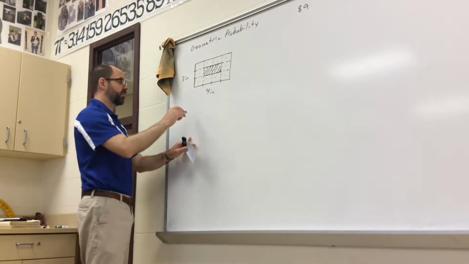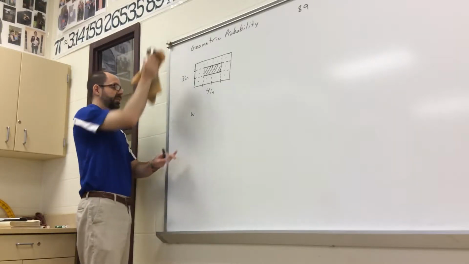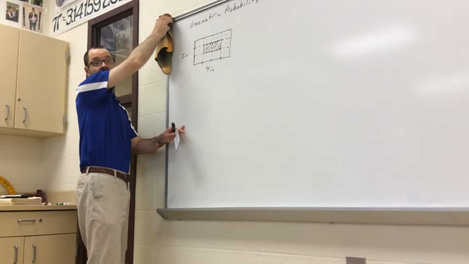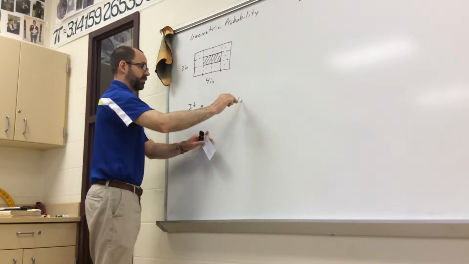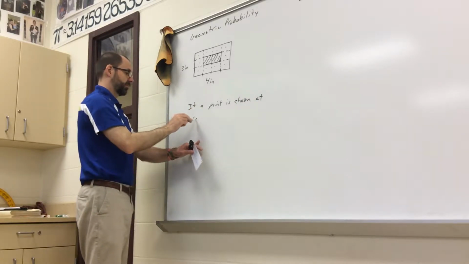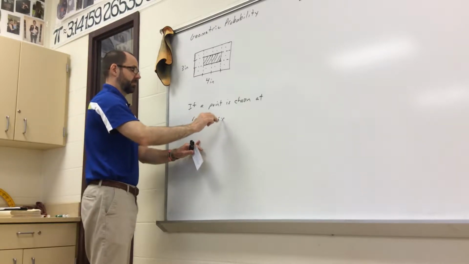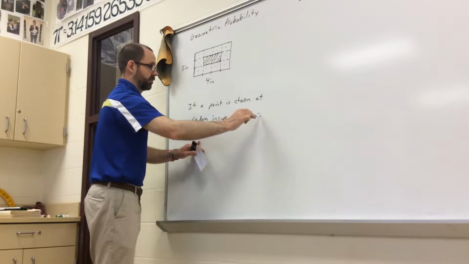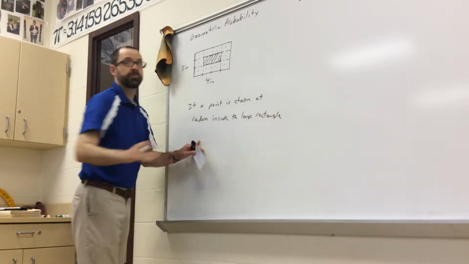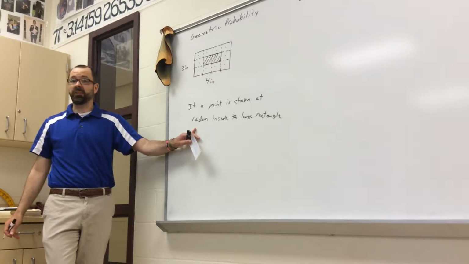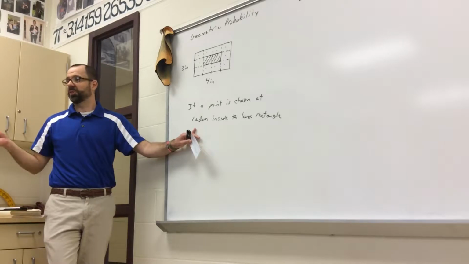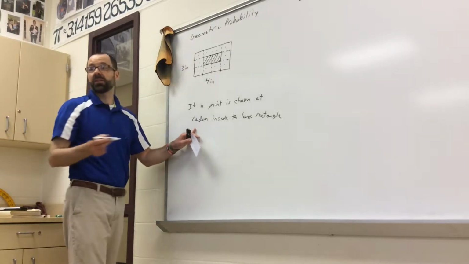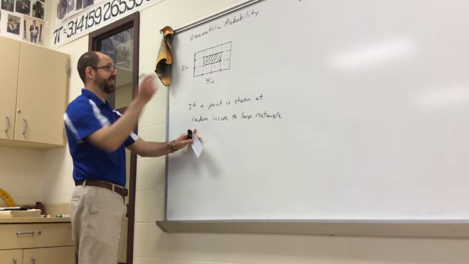So here's the concept for today. The question is going to say, if a point is chosen at random inside the large rectangle, so maybe you're throwing a dart at this rectangle, and you know for sure that you're good enough to land it inside the big rectangle.